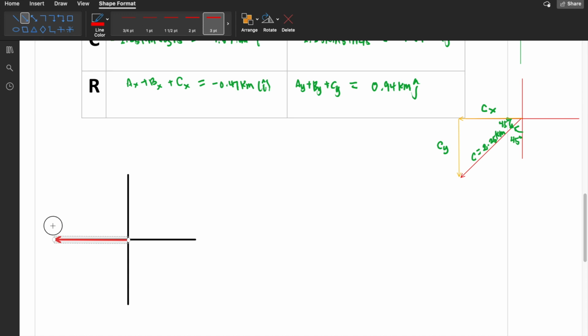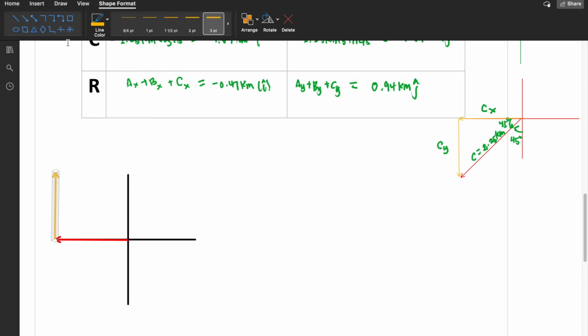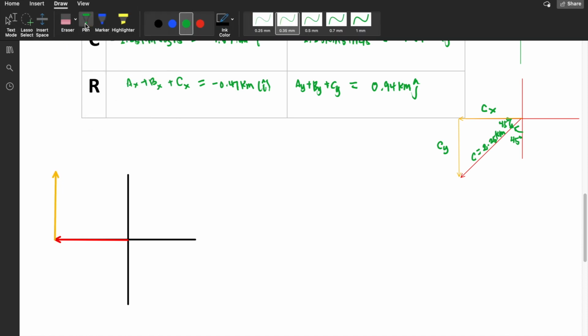In case Ry is negative, that would be downward. The same is true for your Rx: if it's positive, then it's towards the right. It depends on where you set the coordinate system. For me, I've set my coordinate system with this as positive x, so the opposite is negative x, and this as positive y, so the opposite is negative y.